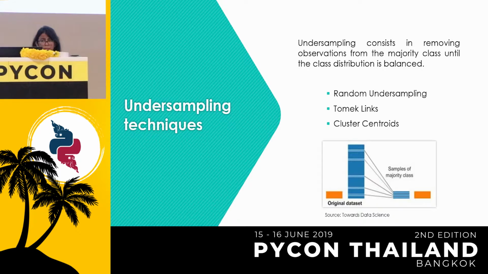In these techniques, we reduce the amount of the large class to help balance the data set. We have random undersampling, which just randomly removes observations from the majority class. We have Tomek links as another technique, and cluster centroids.